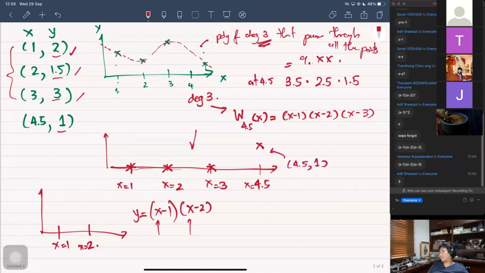It has to be 1. How should I fix this, right? It was some other value at 4.5. If I want it to be 1, what should I do?